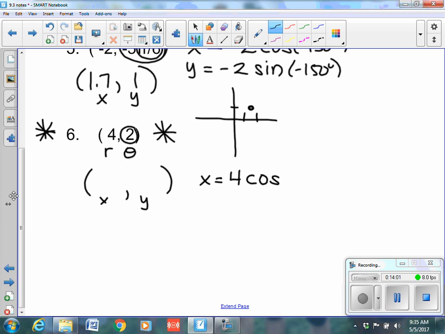This is a radian. This is 2 radians, right? Do you remember what that special 1 radian equals? What does 1 radian equal? 57.3 equals 1 radian.